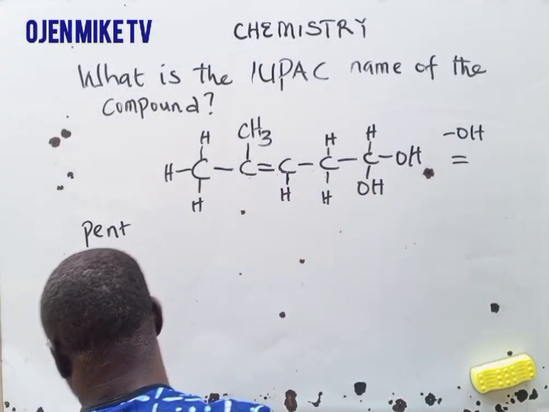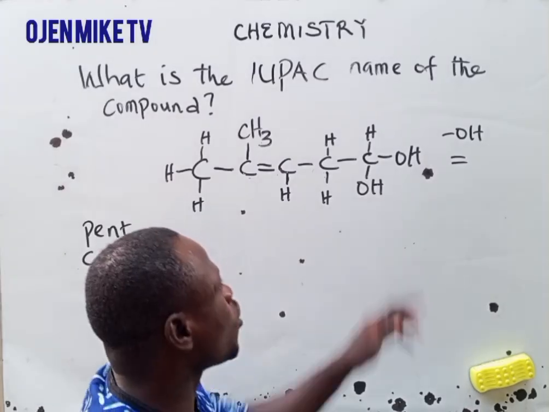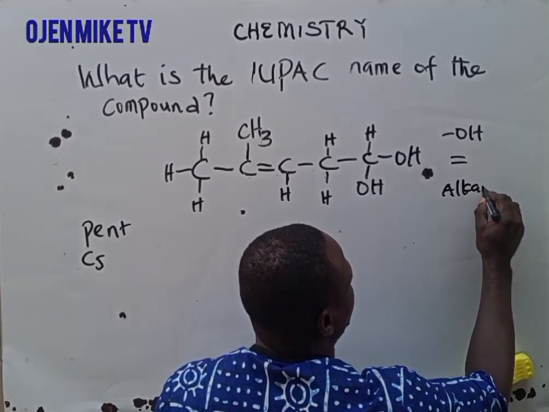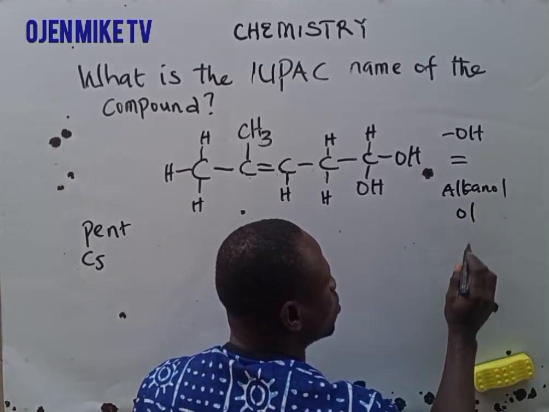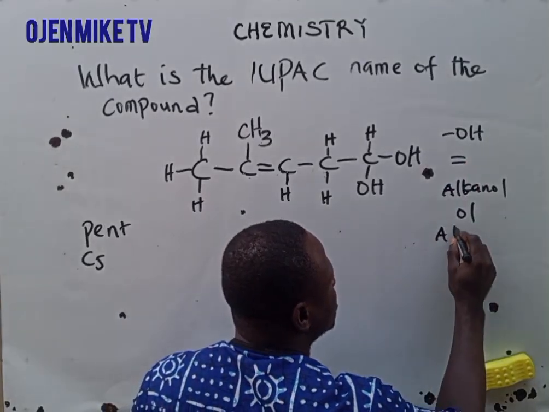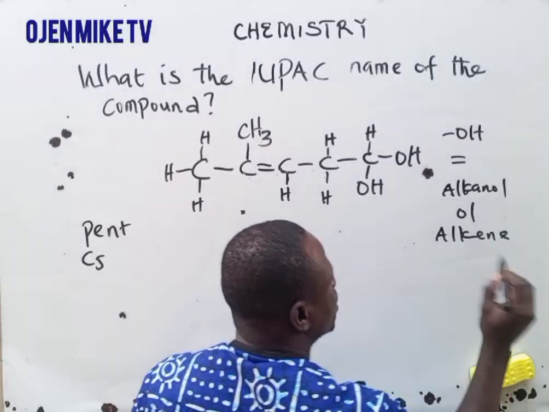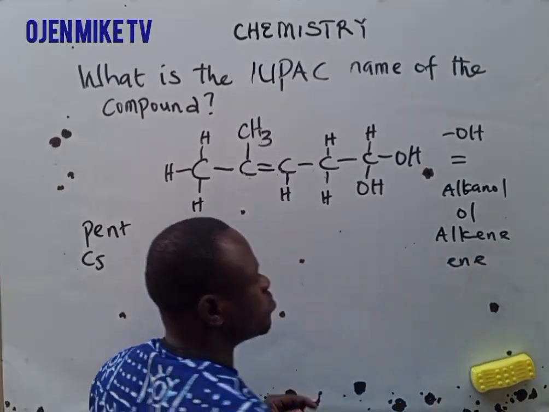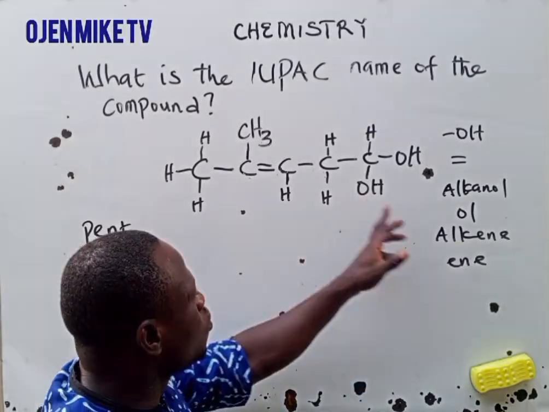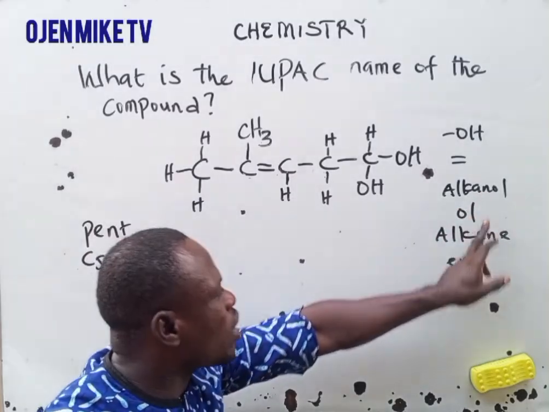OH is coming from alkanol, so you call it ol. This double bond is coming from alkene, so you call it ene.